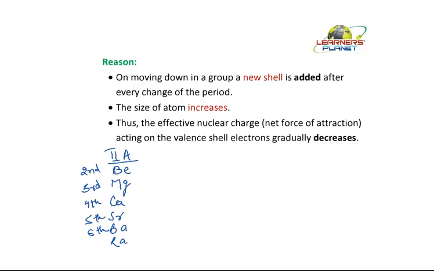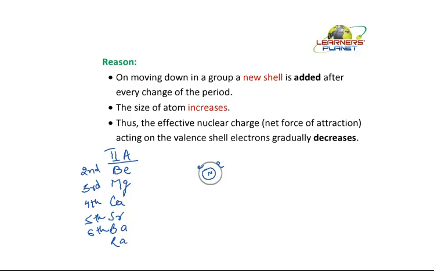Now in beryllium, how many shells are there? As it is second period, in beryllium there are 2 shells. So at the center there is nucleus and we have got 2 shells here. The number of electrons in the valence shell is 2. Magnesium belongs to the third period.